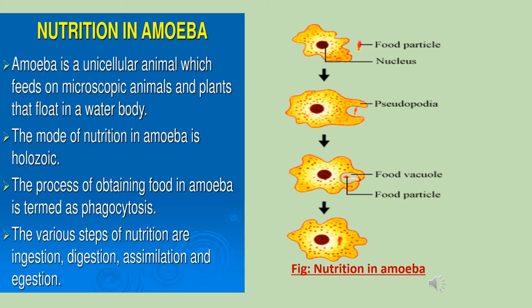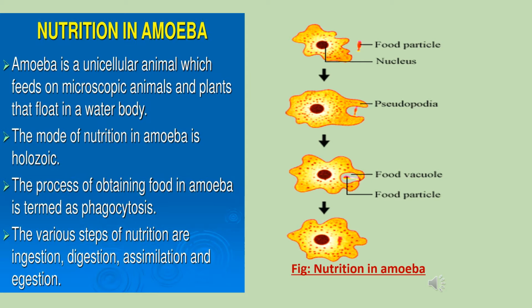Whatever is left inside the food vacuole is of no use for the amoeba. Therefore, that waste vacuole moves toward the membrane. Once it gets attached with the membrane, the adjoining area dissolves and the waste is released out.